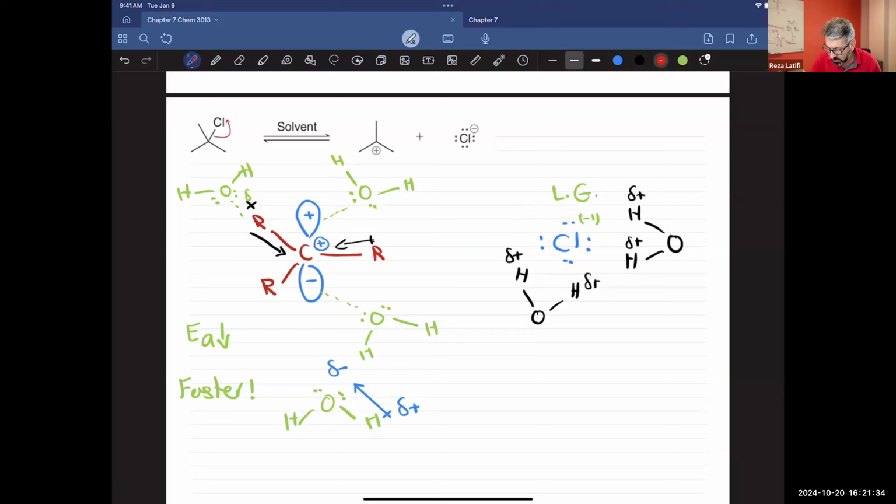Those hydrogens can have interaction with the lone pairs and make chloride stable, or reduce the negative charge on the chloride. Again, we have interaction here. So a water molecule or polar solvent can stabilize both the intermediate and the leaving group. If that's the case, then this reaction, the dissociation reaction, is going to happen faster. And that's the reason a polar solvent will speed up the SN1 or E1 chemical reaction.